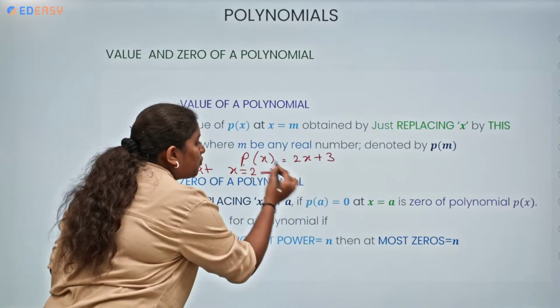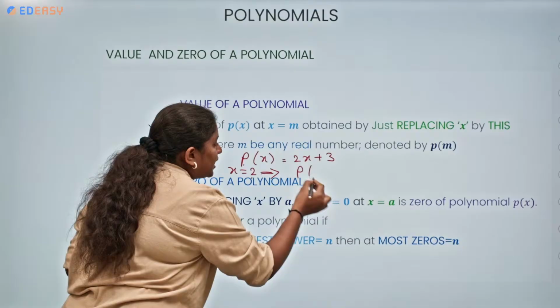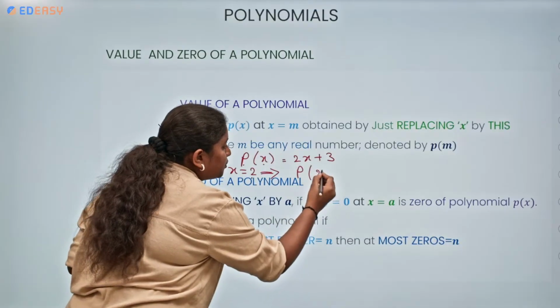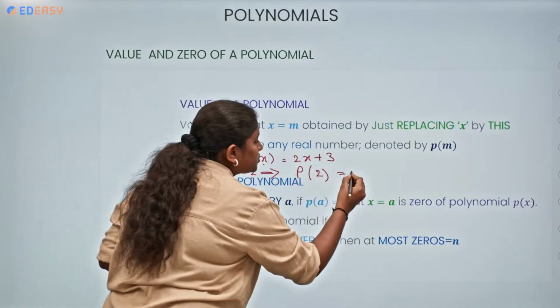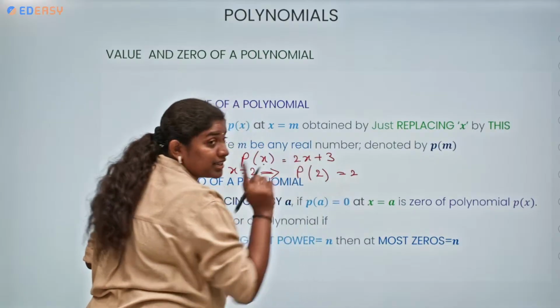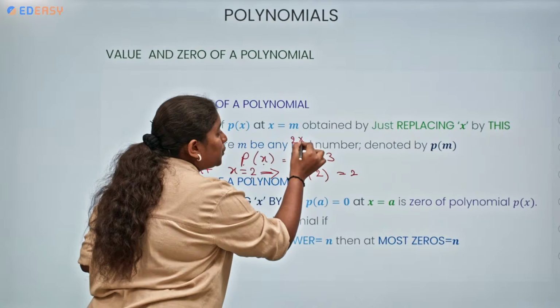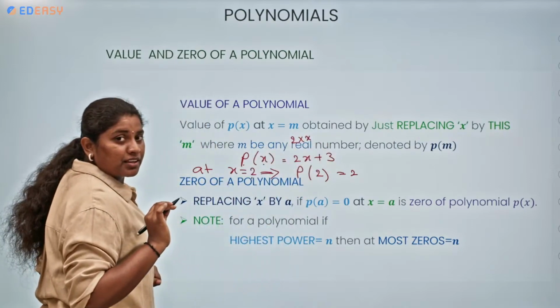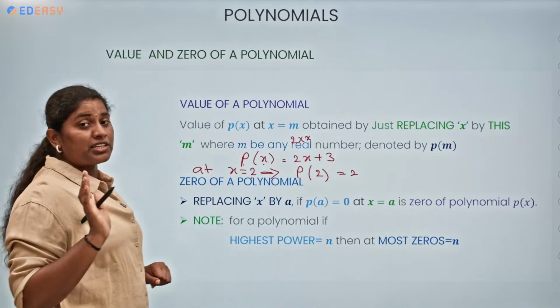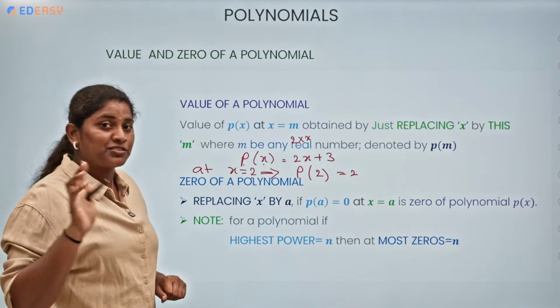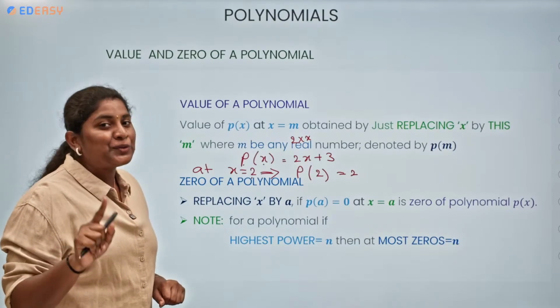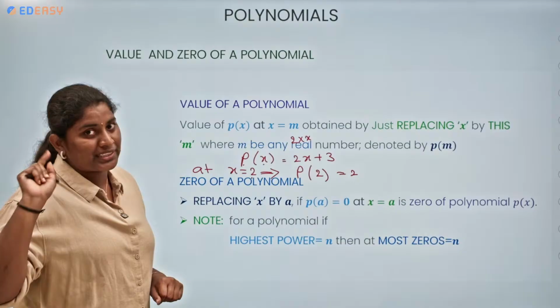So what will p of x become? In the place of x, I need to keep 2. So p of 2 equals, don't get confused, it is 2x, and 2x means 2 into x. Some students will think 2x means 2 plus x. No, we get 2x by multiplying 2 with x.